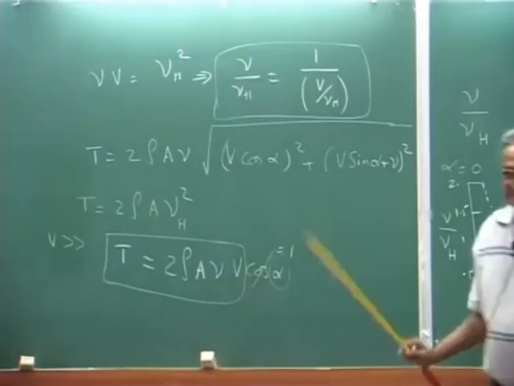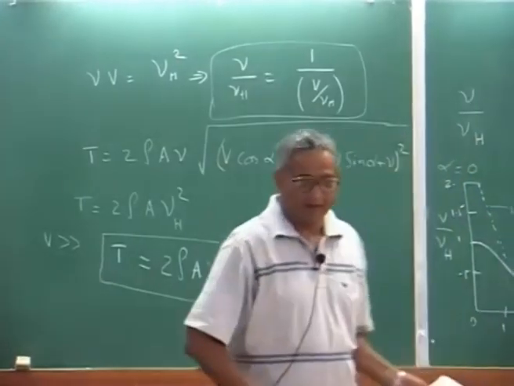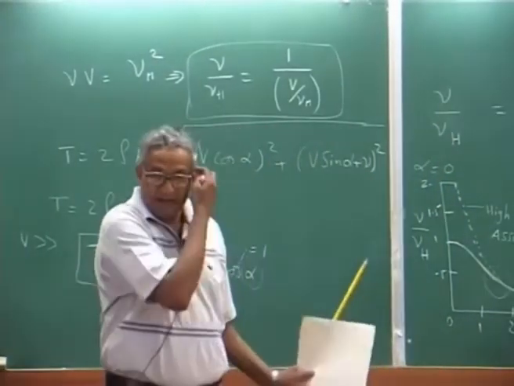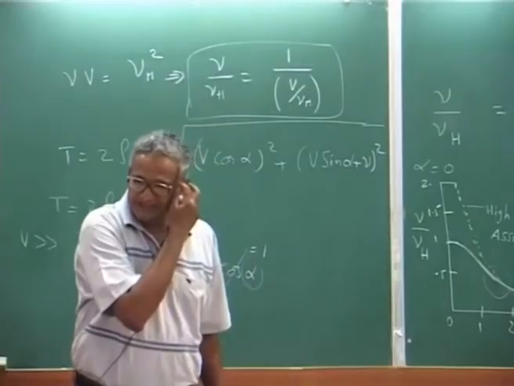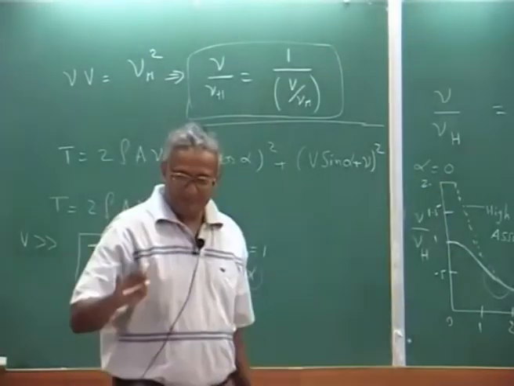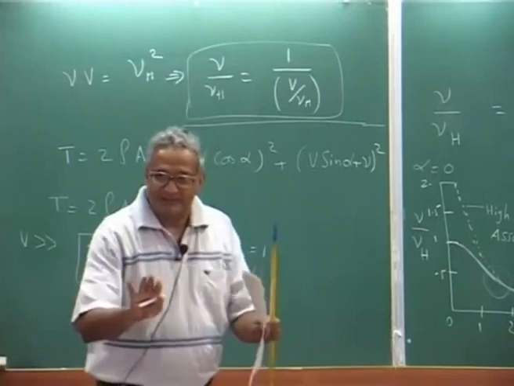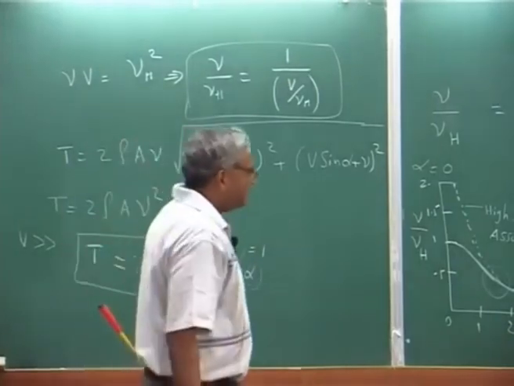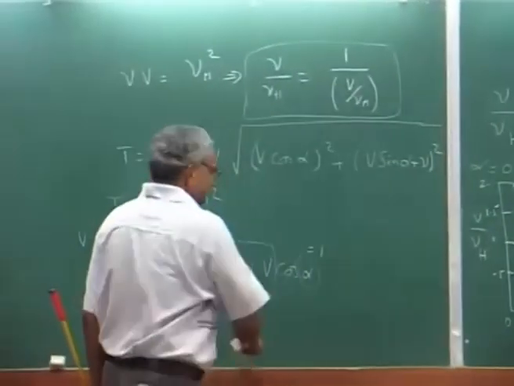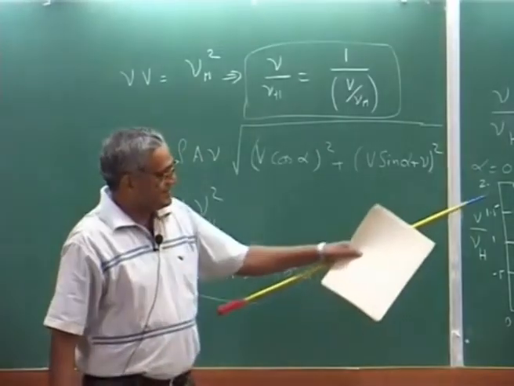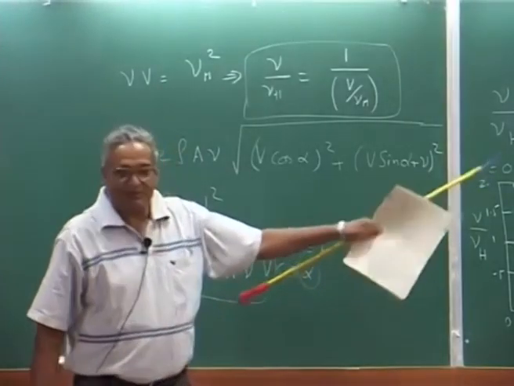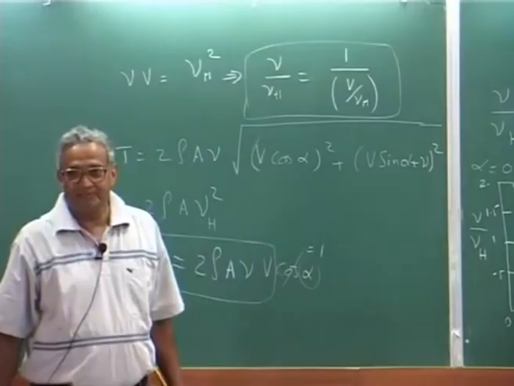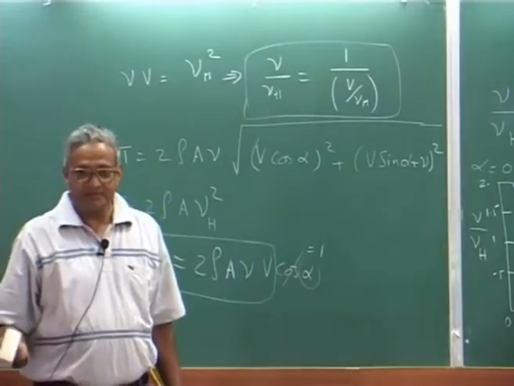Okay. Assumption of high speed, that is I do not bother about this complicated, but this is only for a very basic level. Now, let us look at it in terms of non-dimensional quantities.